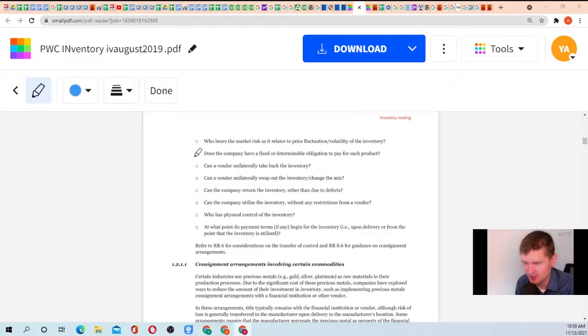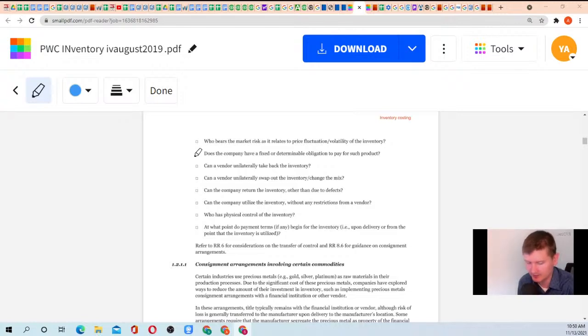For example, if you buy these products under delivery duty paid terms, like if you don't care about what happens to the products up to the point when they are delivered to your warehouse, like if you don't owe money to the supplier if something happens to the products on the ship, then you get your title and your products when they are delivered to your warehouse.